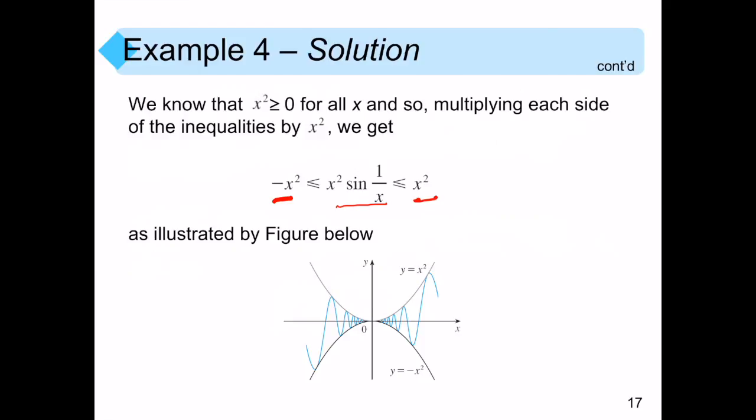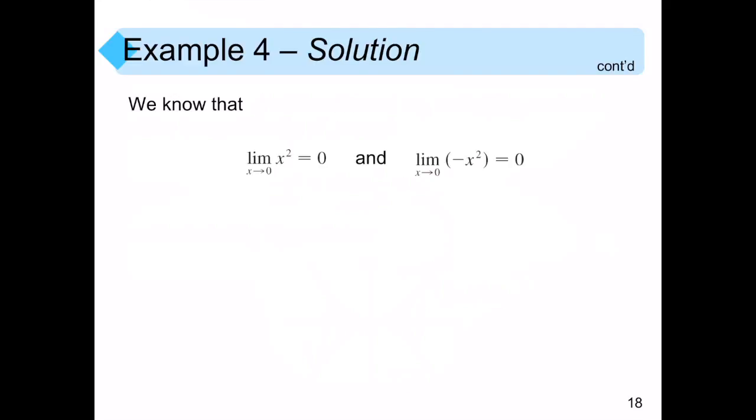If we expand this inequality in this graph, the blue is y equals x squared sine 1 over x. This blue function is squeezed between y equals x squared and y equals negative x squared. We let x equal 0.